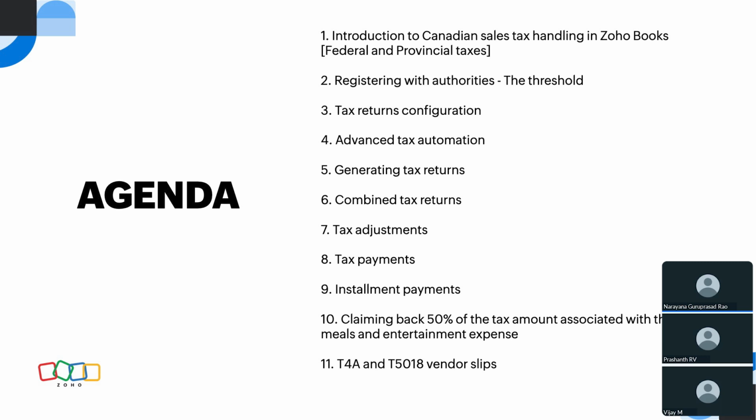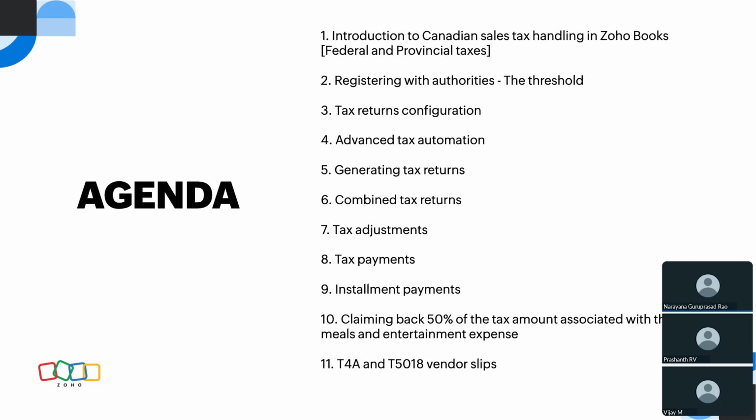In this session, we will walk through the key features, best practices, and common scenarios to ensure your tax handling is accurate and hassle-free. So this is the agenda for the day. First, we will see what is a federal and provincial tax, and the threshold for registering with the tax authorities, and how we can configure the tax returns in Zoho Books, and how the tax automation comes into play while creating the transactions.